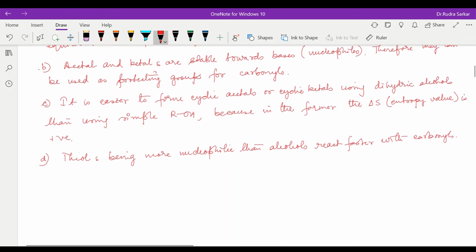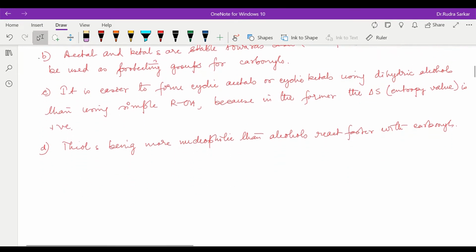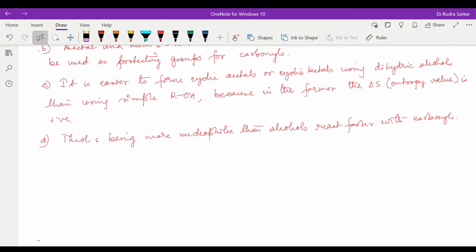So these are four vital points that one should be keeping in mind while dealing with such reactions. Okay, but let us take some practice problems.